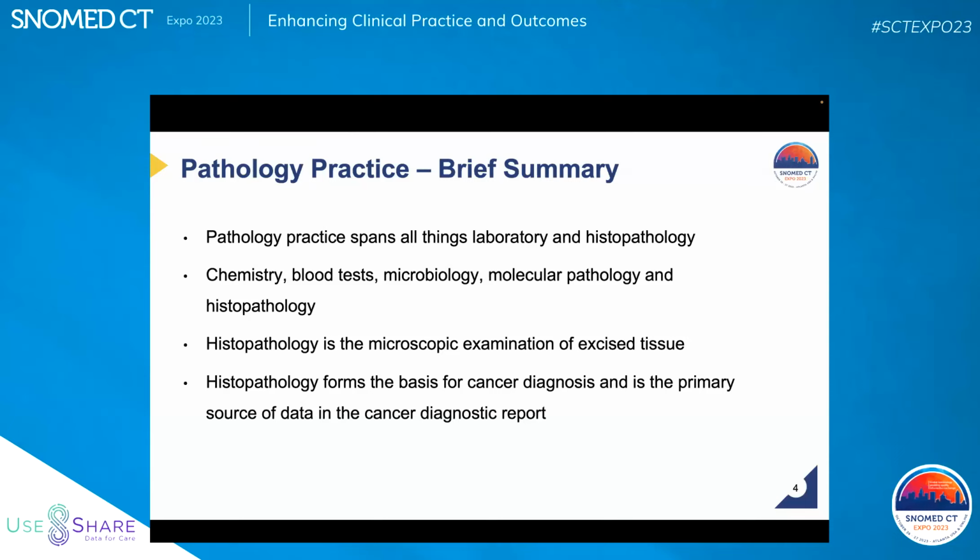And histopathology, that's how folks outside the US like to call it. It's the microscopic examination of excised tissue. And just to frame what we're doing, histopathology still is the gold standard in the diagnosis of cancer.